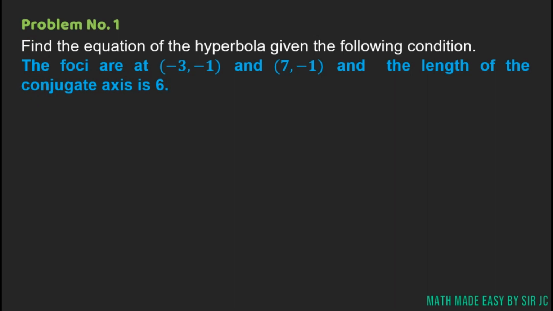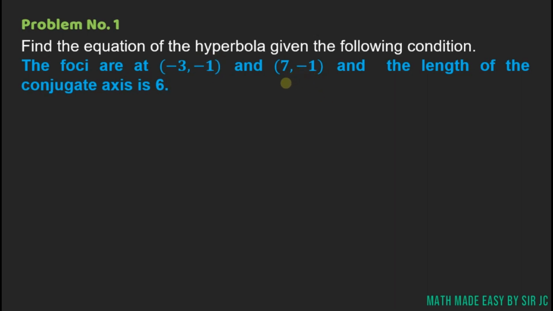Okay, so first, let us identify the form, the possible equation of the given hyperbola. Take a look that the foci are at (-3, -1) and (7, -1). If you can see, the x coordinates are different and the y coordinates are the same.